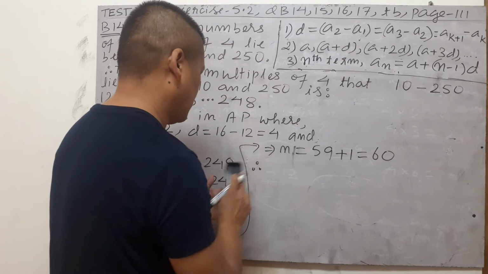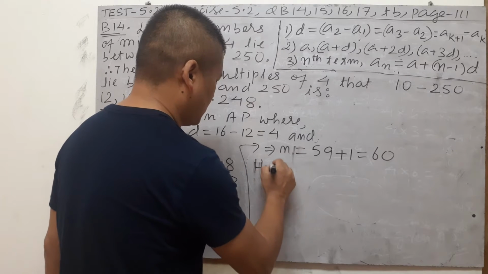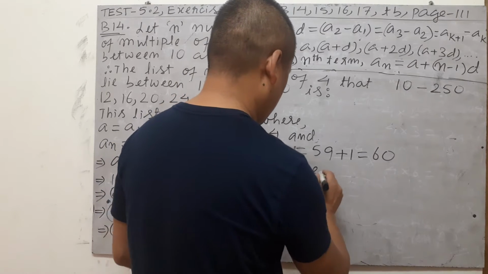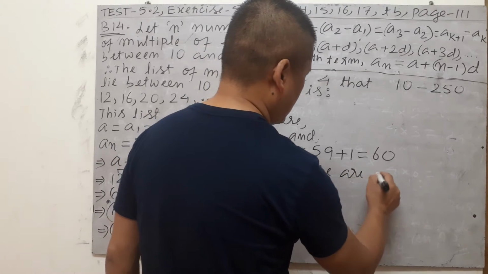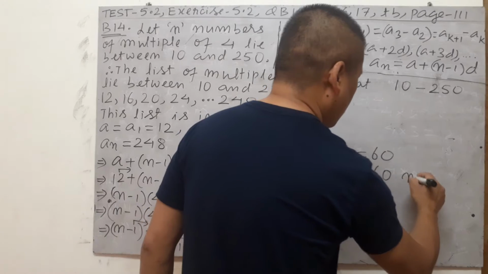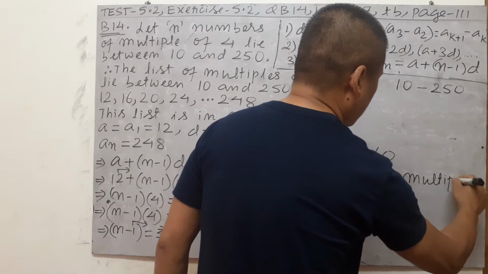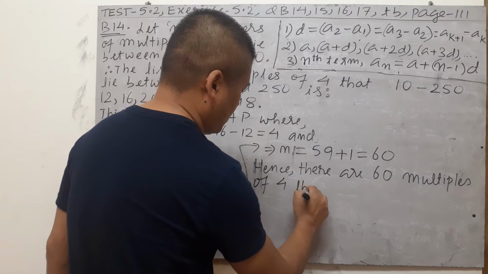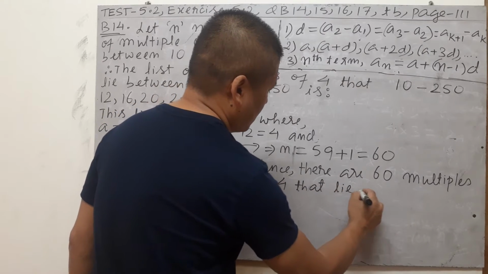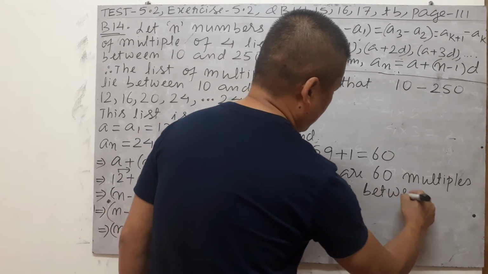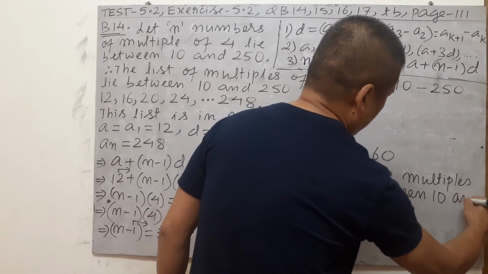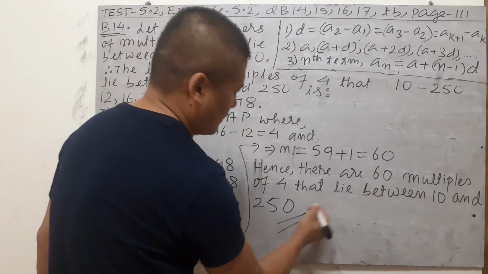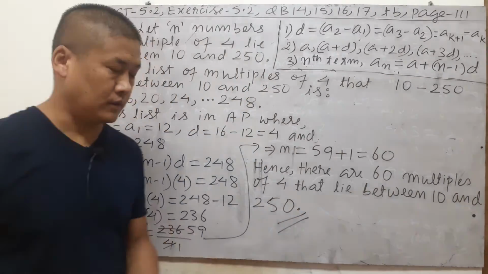So therefore there are 60 multiples of 4 that lie between 10 and 250. So basically 60 is your answer, 60 number of multiples.